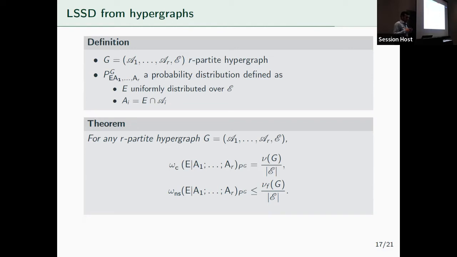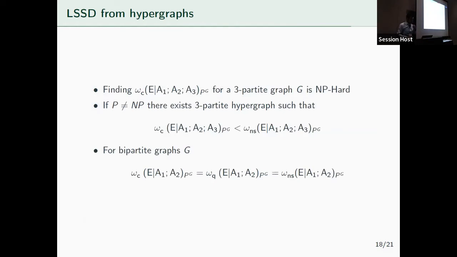And for this particular problem, we can characterize the classical value exactly. It's equal to the size of the maximum matching divided by the number of edges. And the no signaling value, we could upper bound it by the size of the maximum fractional matching divided by the number of hyperedges. And this theorem has 3 consequences.